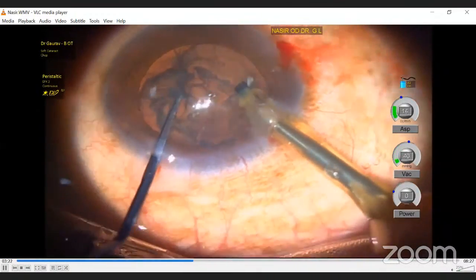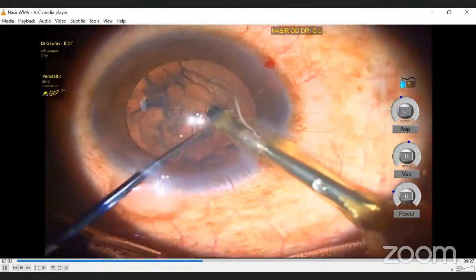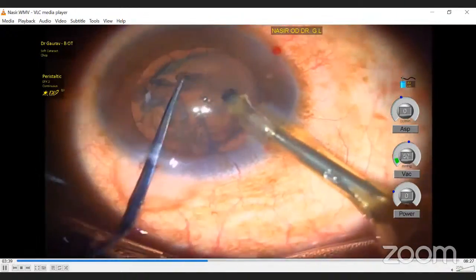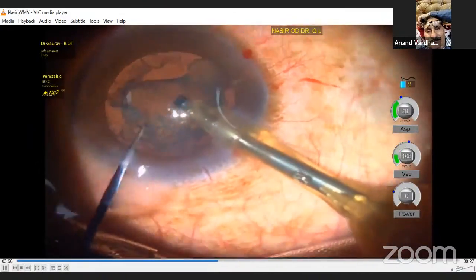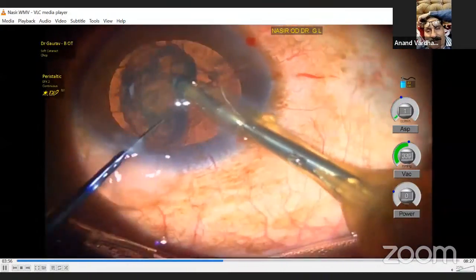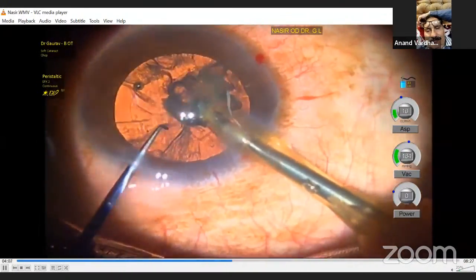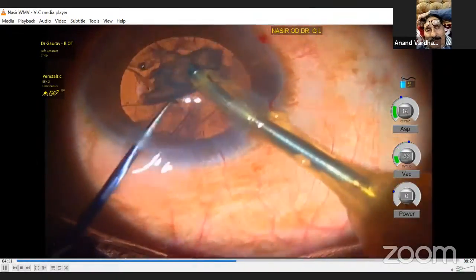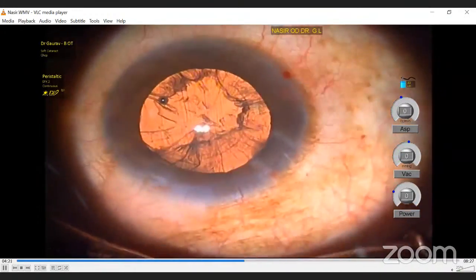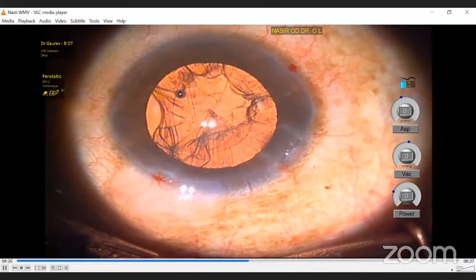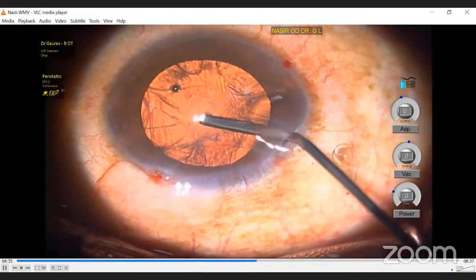Once the lens matter was aspirated, this is when we noted some folds, and the capsule was quite folded on the side.